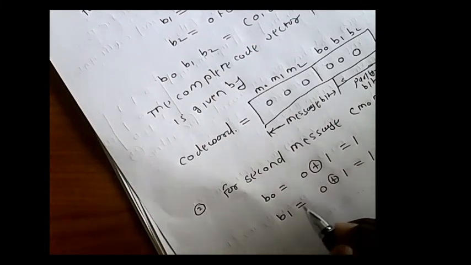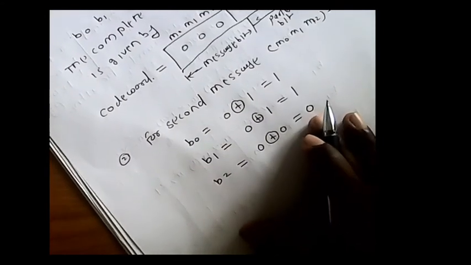So we can find out parity bits B0, 0 modulo 1, that is 1, B1, 0 modulo 1 is 1, and B2, 0 modulo 0, that is 0.